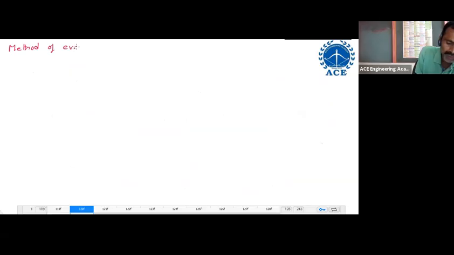Method of evaluation of surface integral.